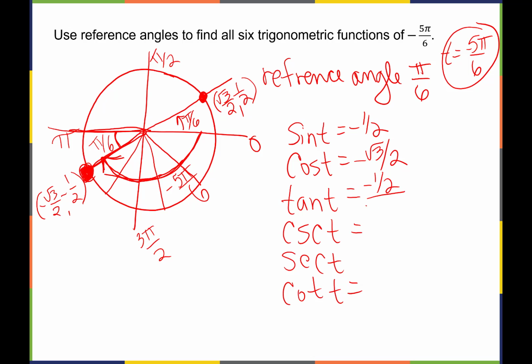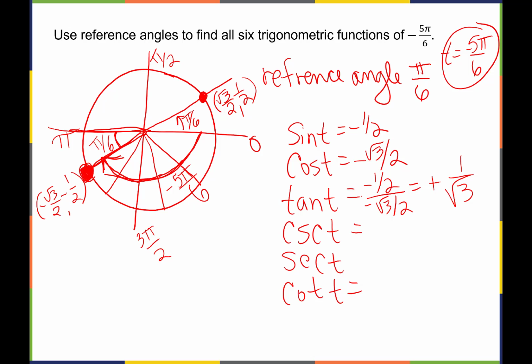And if I clear the complex fraction by multiplying the top and the bottom by 2, I'm going to get a positive 1 over the square root of 3 because I have a negative divided by a negative. So if you look back at the previous slide, you'll notice in quadrant 3, tangent is positive, and it should be because you have 2 negatives, a negative divided by a negative.